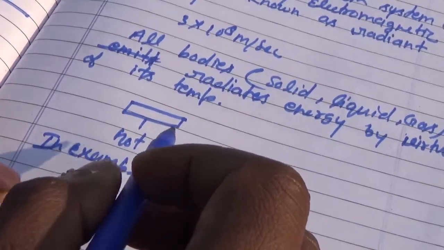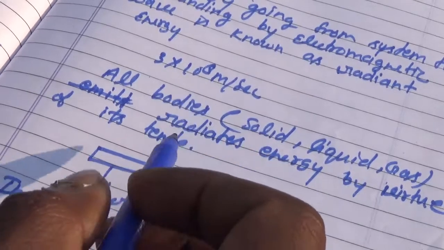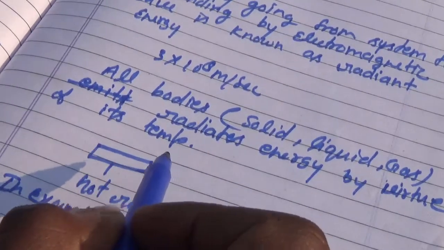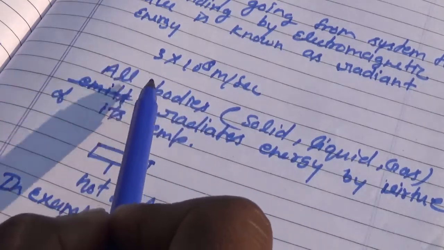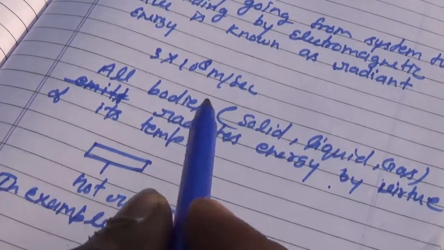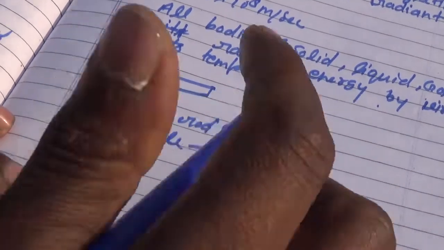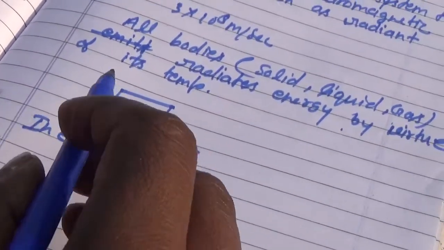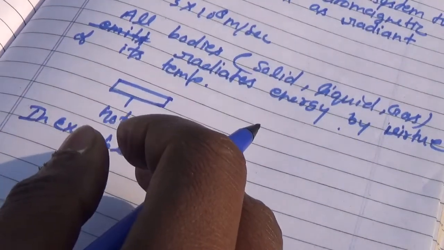So here we have told you why you feel hotness or warmth. The answer to this question is: all bodies radiate energy by virtue of their temperature. So dear students, if any hot rod radiates energy, then it is known as thermal radiation.